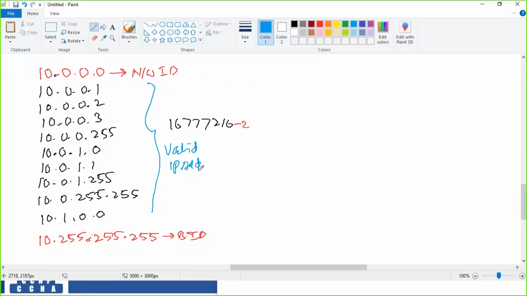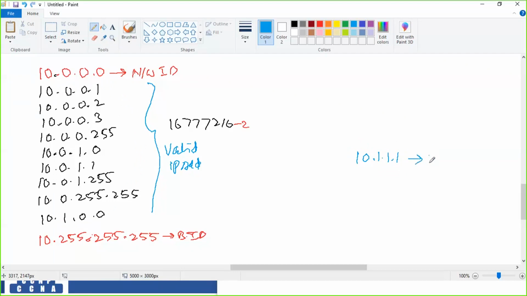The network ID is for identification. All these IP addresses will be identified by the network ID. If a device has the network ID 10.0.0.0, then the device is maintaining all these IP addresses. If we have only 10.1.1.1, then it is only one IP address, called a single host.